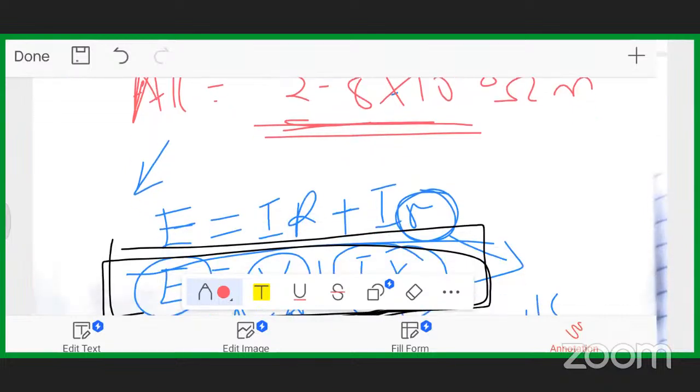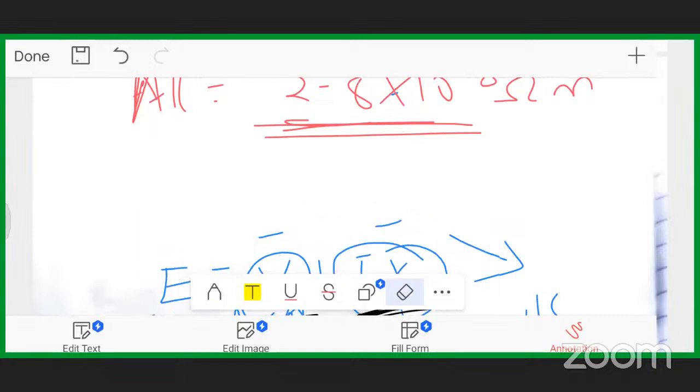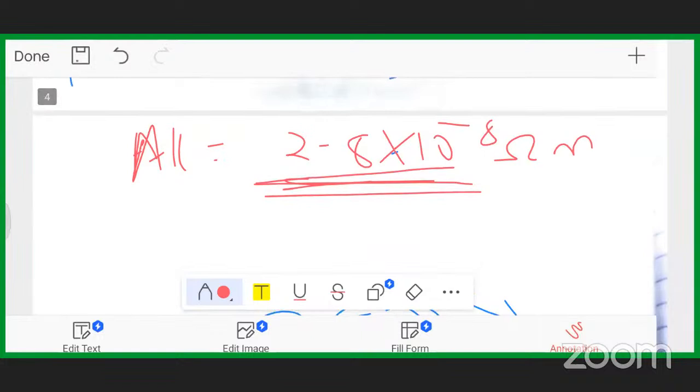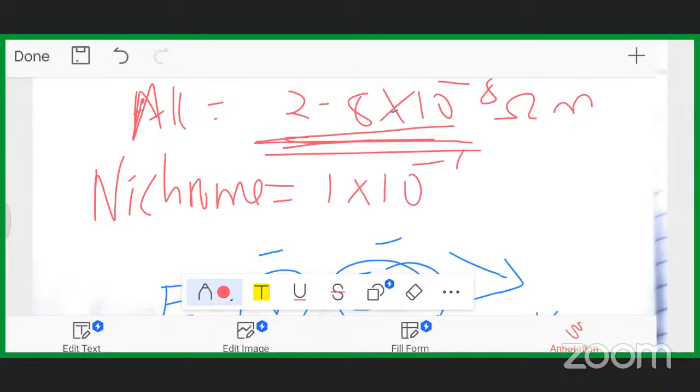And for other things, I wanted to compare and tell me which one do you think is a good conductor. Aluminium, I've said, is this. Then I give you nichrome wire. We'll be using this one maybe once in a while in the lab, or Constantan. Nichrome wire has a resistivity of around 1.0 times 10 raised to negative 6 ohm meter.